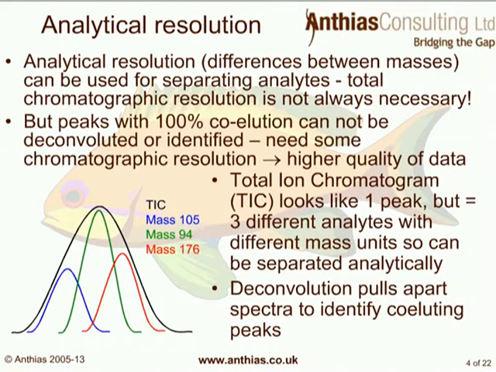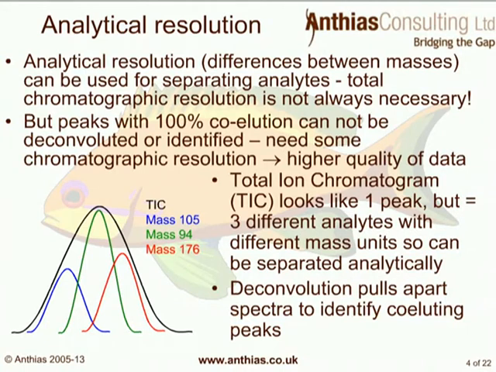This means that we don't have to always have total chromatographic resolution to be able to identify or quantify compounds which are coming out at a similar retention time. However, peaks that have 100% coelution cannot be deconvoluted or identified. So therefore, we will need some chromatographic resolution if we want to get a much higher quality of data, particularly for identifying unknown compounds.